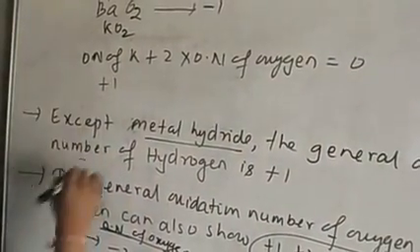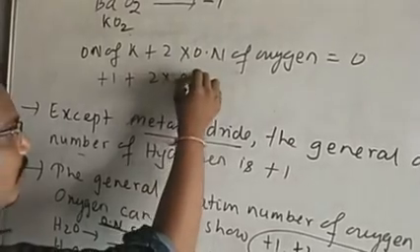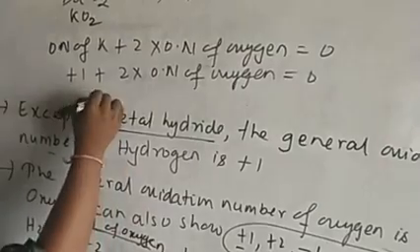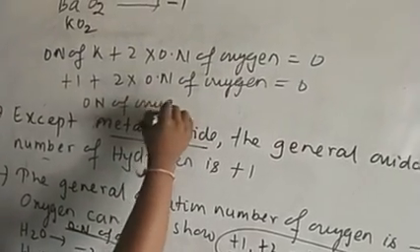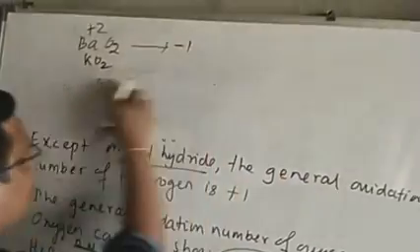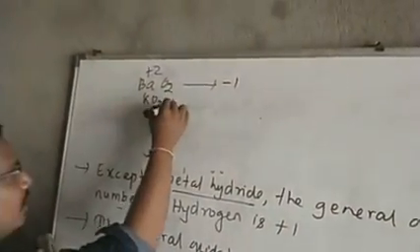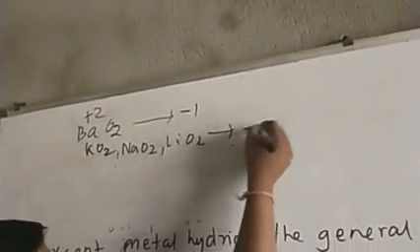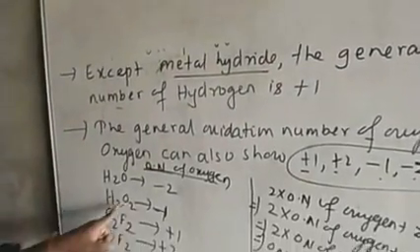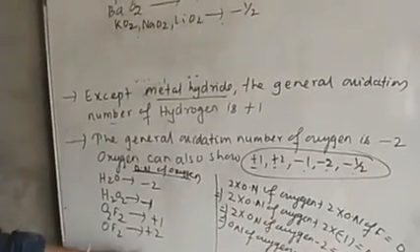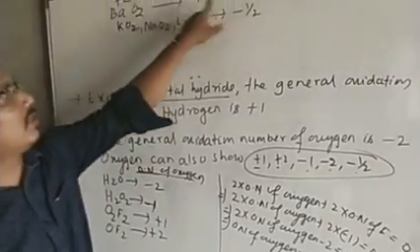The oxidation number of potassium is +1, plus 2 times the oxidation number of oxygen is equal to 0. Here the oxidation number of oxygen is -1/2. That means we can find different types of examples. Like that, you can also think about NaO2, LiO2. Here the oxidation number is -1/2.